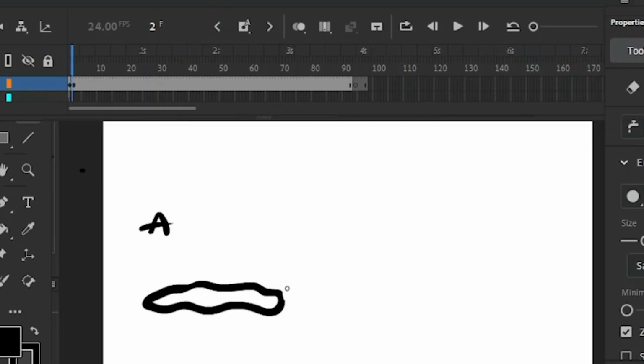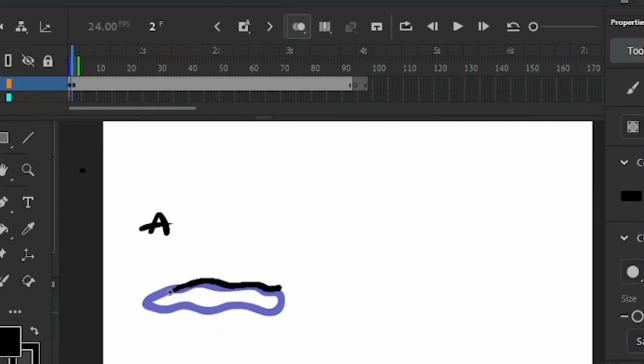So now I'm trying to move this. Using my onion skin, I know that on my first keyframe, this worm was here. So the worm is about to move, right? So I take the second one and stretch it out.